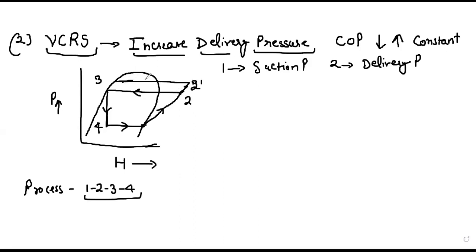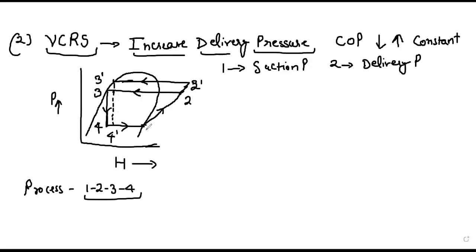Condensation process in the condenser. This was basically ideal 3. Now this point becomes 3 dash, the new point of 3 on the curve, this line. And this will be the vertical line of isenthalpic expansion, and this will be your new point H4 dash.